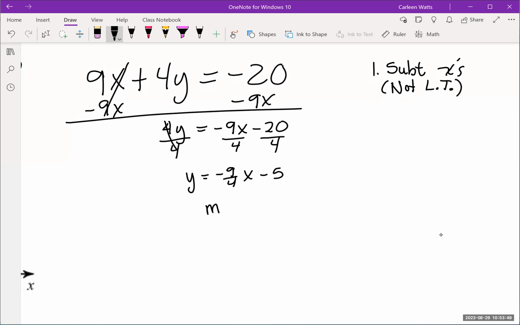Okay, from slope-intercept form, what is m and what is b? M is negative 9/4. You find it wherever you find the x. B is negative 5. Yeah, careful, don't lose that negative.